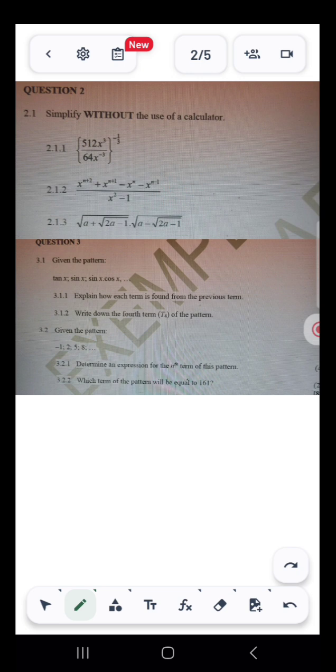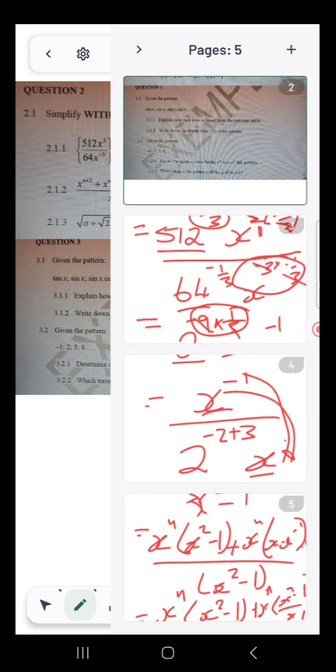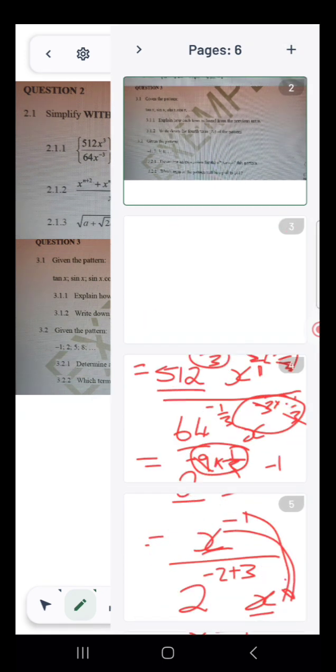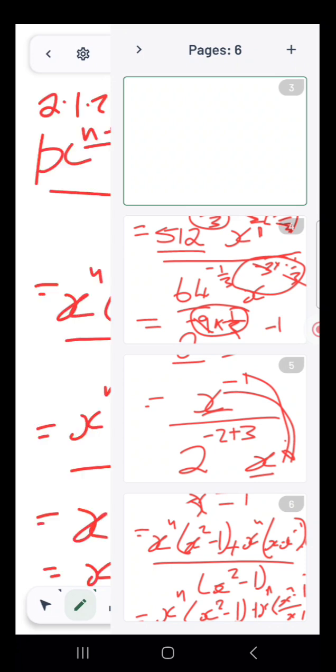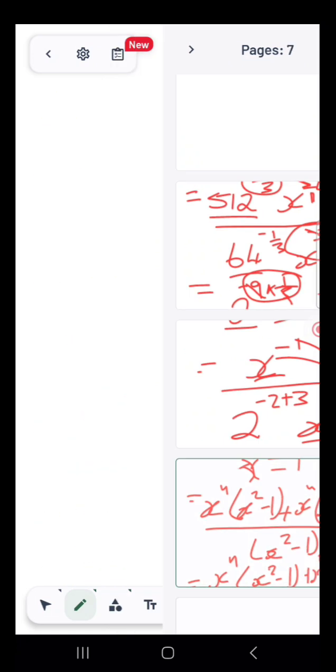Okay, again, let's go to 2.1.3, on a square root. It might look difficult, but it's not actually, especially if you understand the surds, the product rule, the quotient rule, because I just see a product rule. So once you have the rule, it's better.